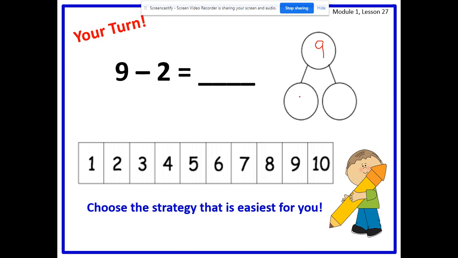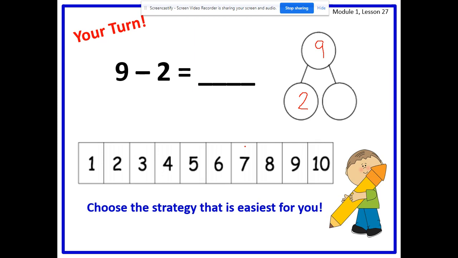Yes, it's our part. So go ahead and write 2 as our part. So now we know that we're missing another part. But first, we're going to have to figure out the strategy. First key point says that we have to choose the strategy that is easiest or most efficient. So let's think about it. If we count back, we're going to start at 9 and hop back 2 times.